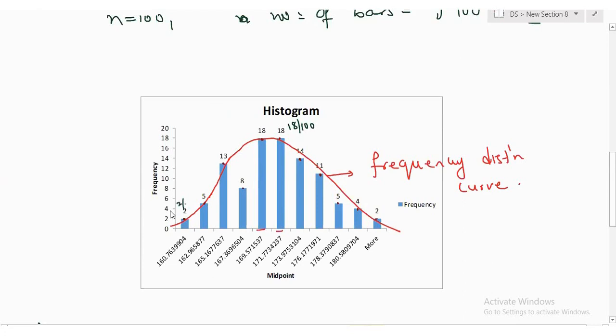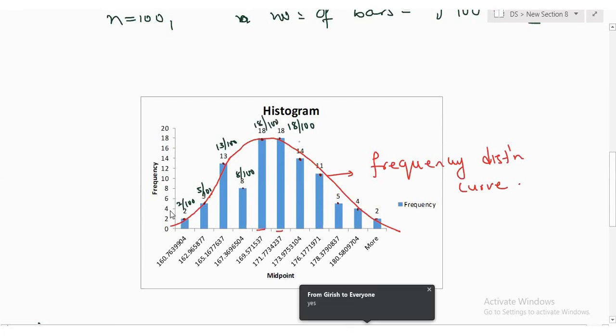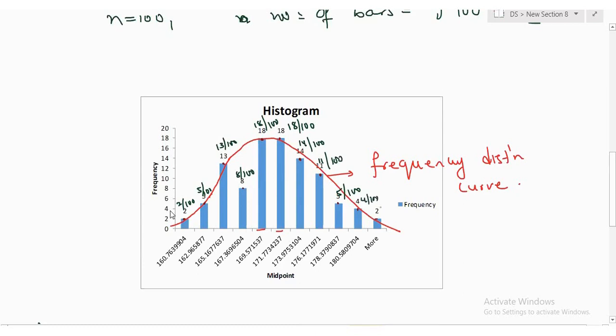What is this probability? Yes or no? Very, very important. Agreed?